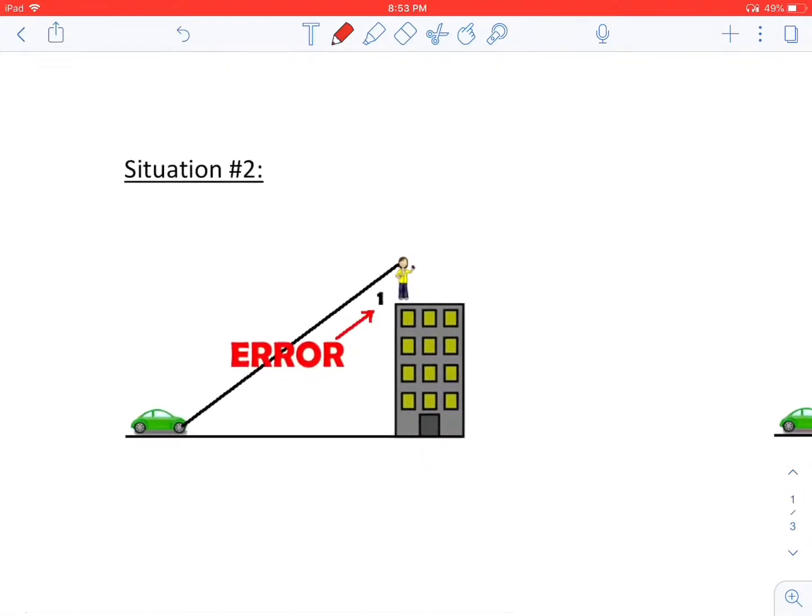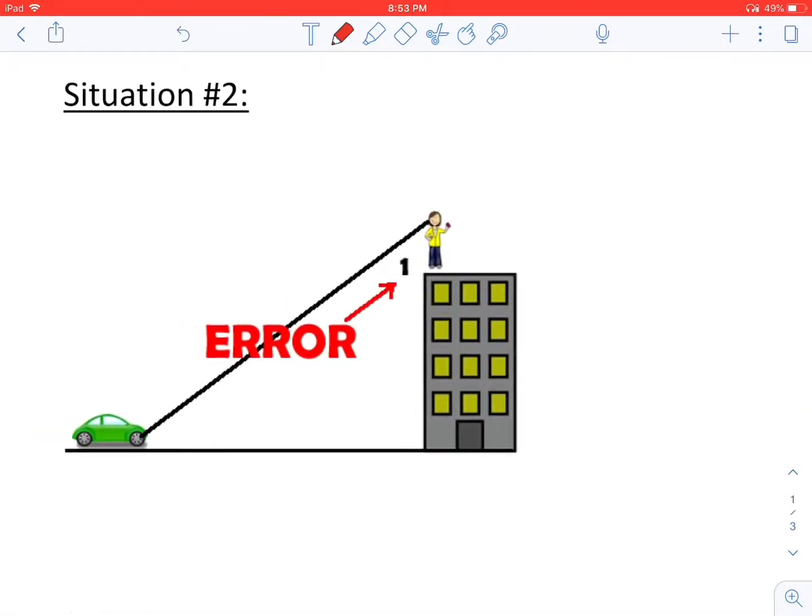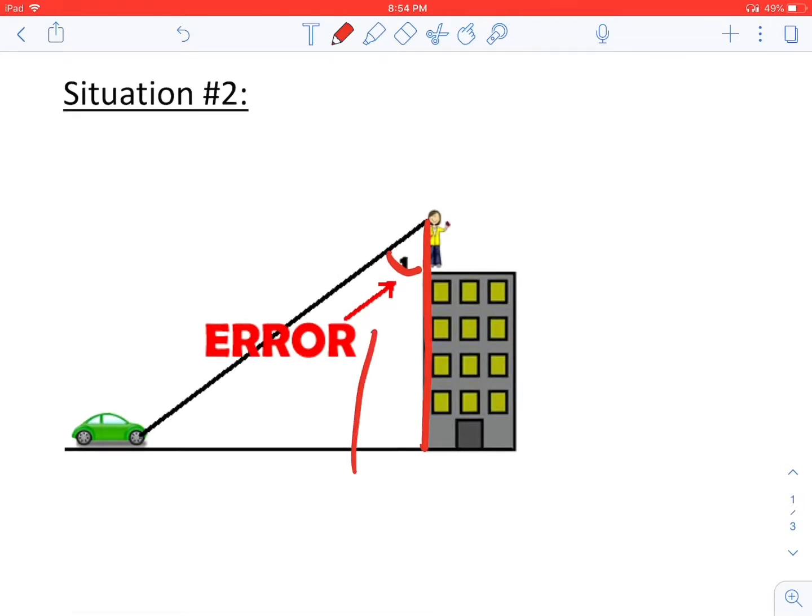In another situation, I want to remind you that it's wrong to state that this angle here made with the vertical is the angle of elevation, or I'm sorry, the angle of depression. That is not the angle of depression. That is just some angle that's measured with respect to the vertical.